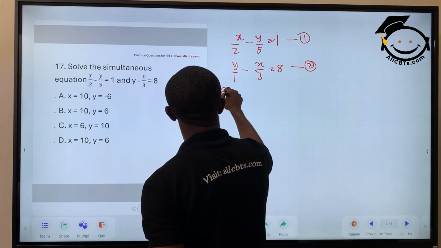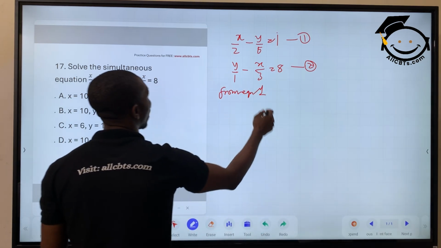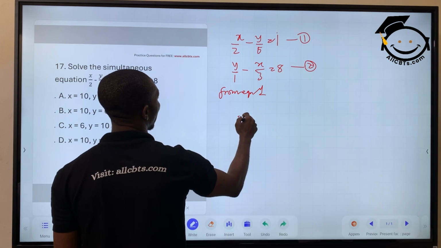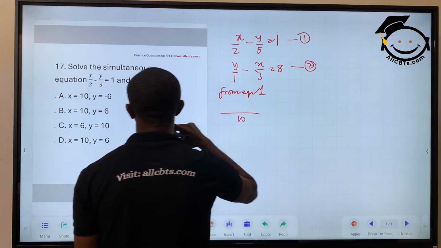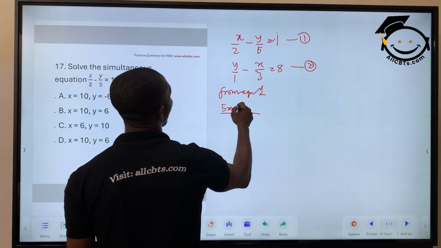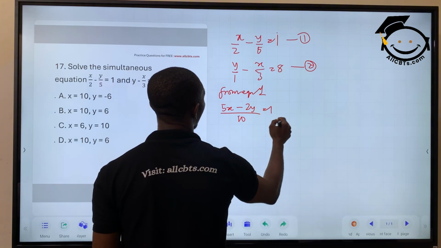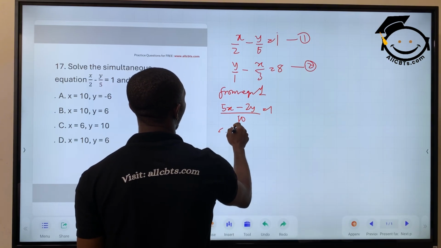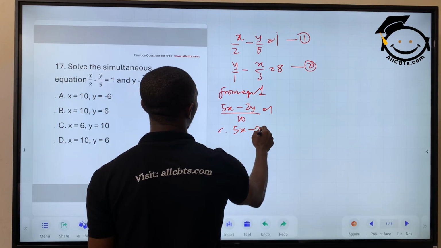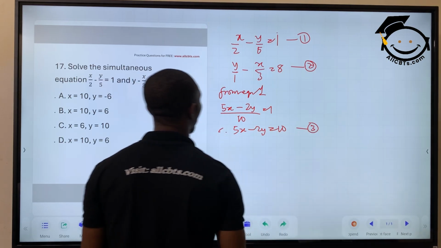From equation 1, we have our LCM to be 10. Okay, so this becomes 5x minus 2y equals 10. Let's call it equation 3.